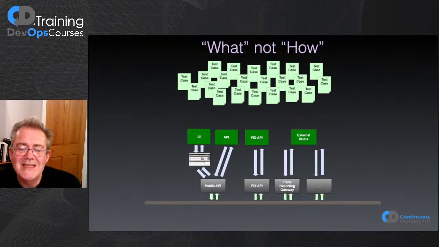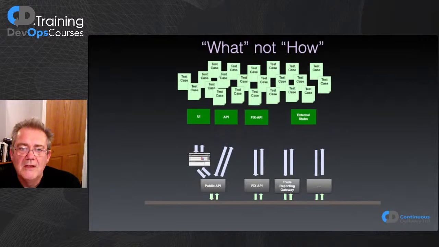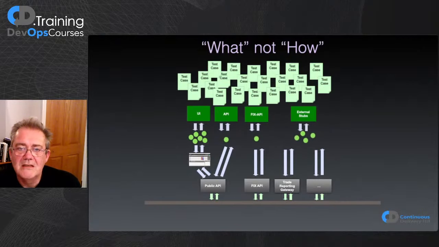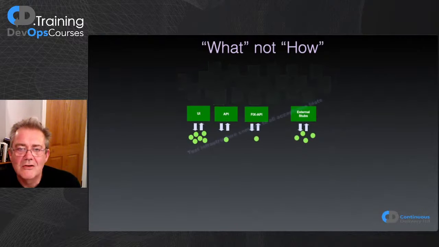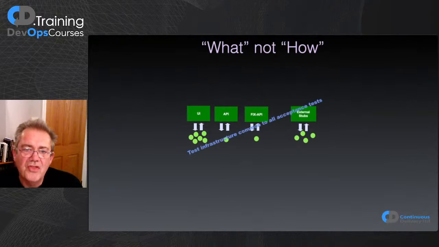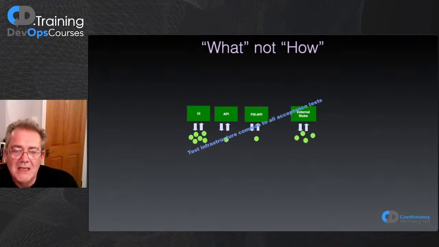As you start digging into this kind of problem, what we tend to find is that there's a bunch of ideas that tend to crop up, and we can start thinking about this plumbing that makes it easy for us to write these test cases as a system in its own right, the test infrastructure.